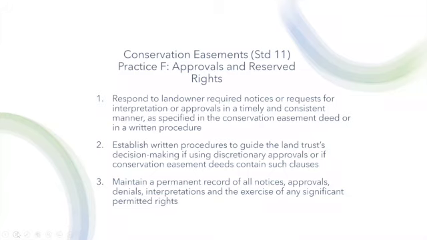In others, there's just a notice provision, but knowing what those conditions say and what the land trust is entitled to when there are changes on the property is something that is good to have. You might tabulate it in a spreadsheet about your easements, for example. And when you do get those notices, and if there is any response required, having some sort of a procedure for how you would evaluate and then respond to those requests, and what the timing would be, to make sure that you do that in a timely manner.